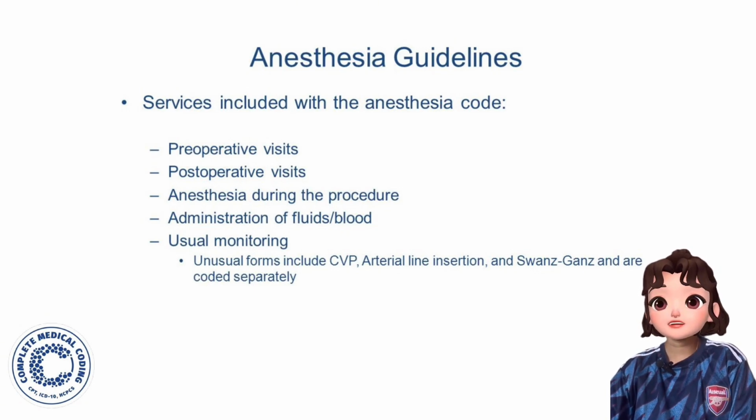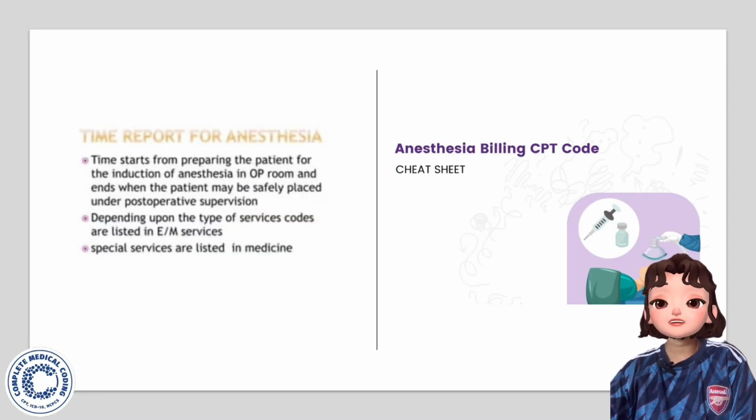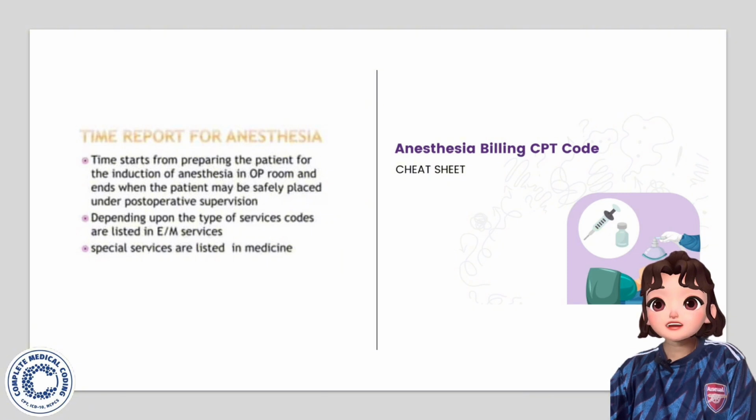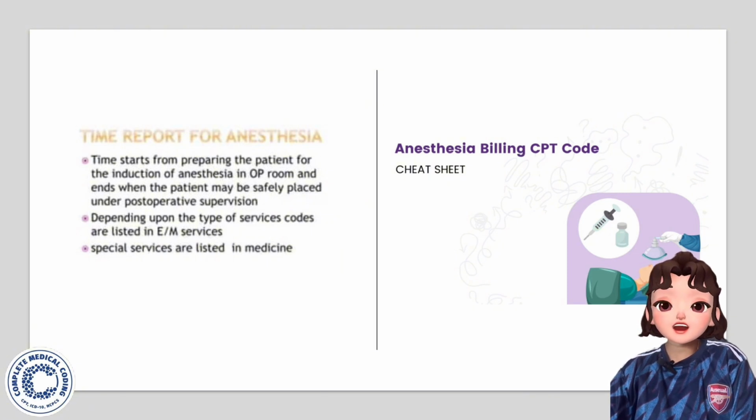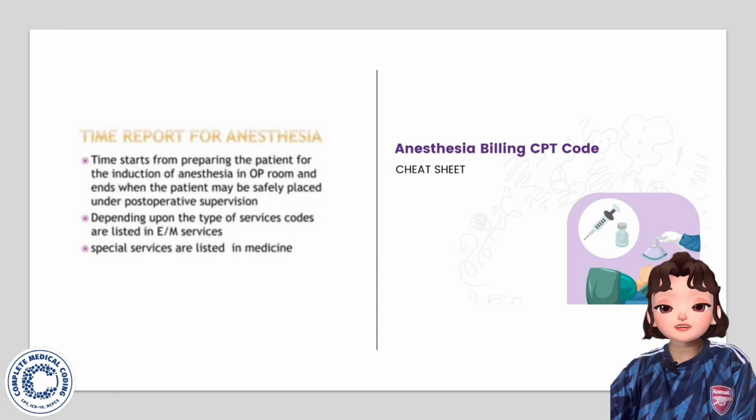Now, the anesthesia billing CPT code cheat sheet: time report for anesthesia. This is very important. You will definitely get one question from anesthesia related to time, how to report anesthesia time, and in hospital interviews you will definitely get such questions too. How to calculate time for anesthesia?